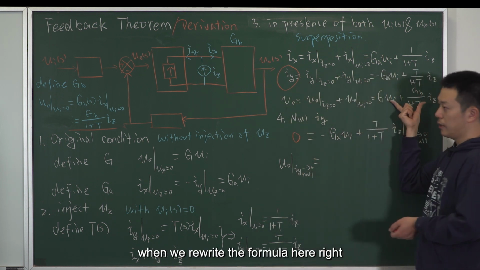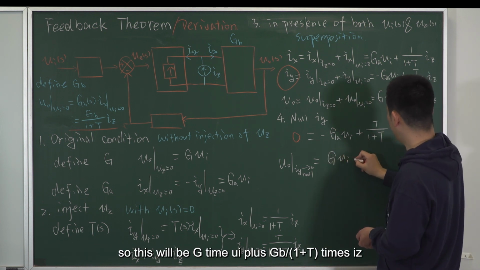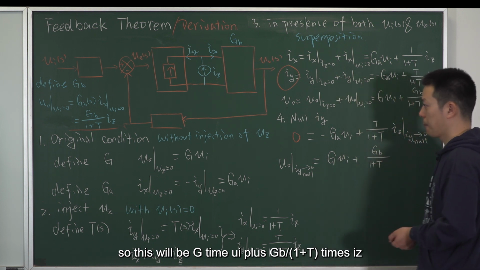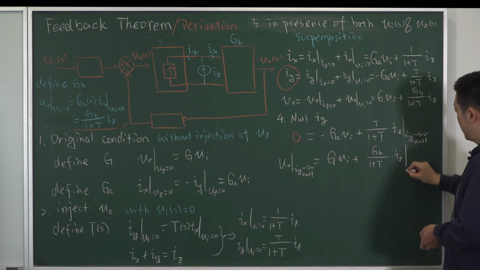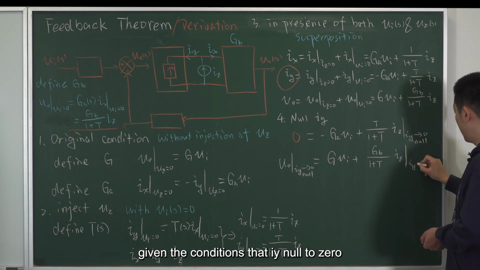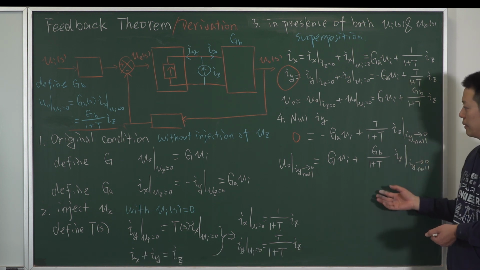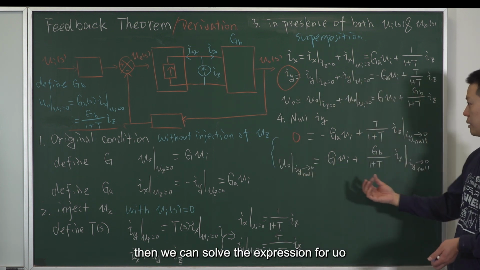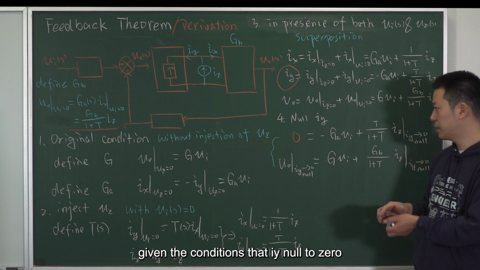Then we rewrite the formula here, right? So this will be G times Ui plus Gb over 1 plus T times Iz, given the condition that Iy is nulled to 0. Then we can combine those two, right? Then we can solve the expression for UO, given the condition that Iy is nulled to 0.